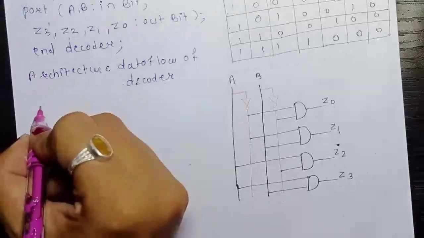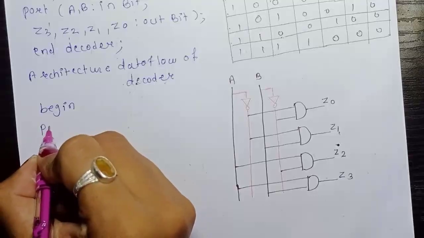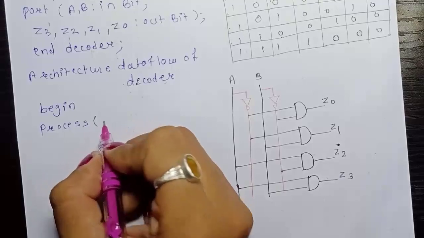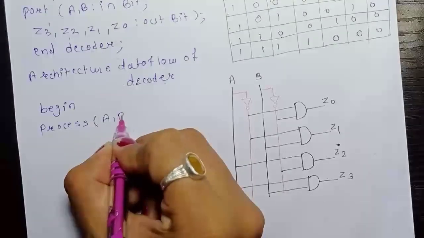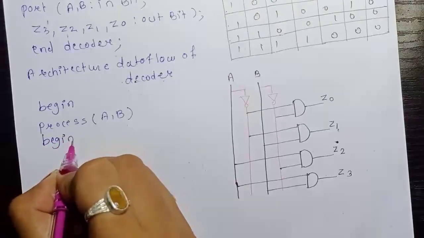Okay, then next keyword is begin. In behavioral model we use process. Okay, so process, how many inputs are there? 2 inputs, that is A comma B, and then begin your architecture.